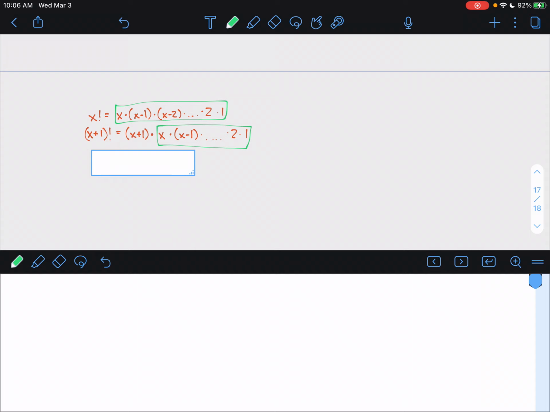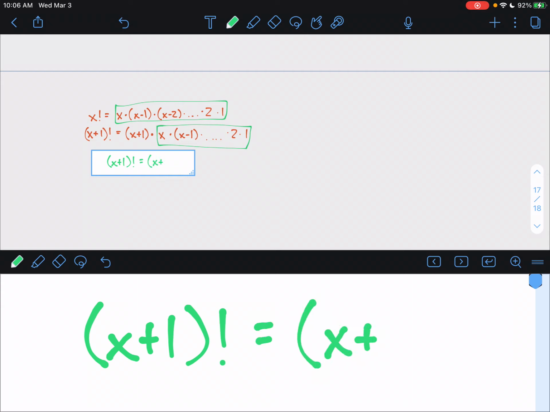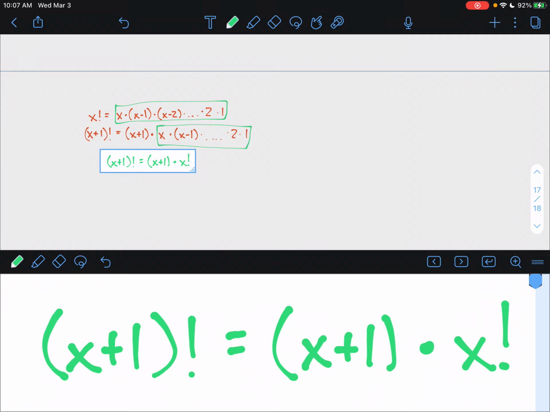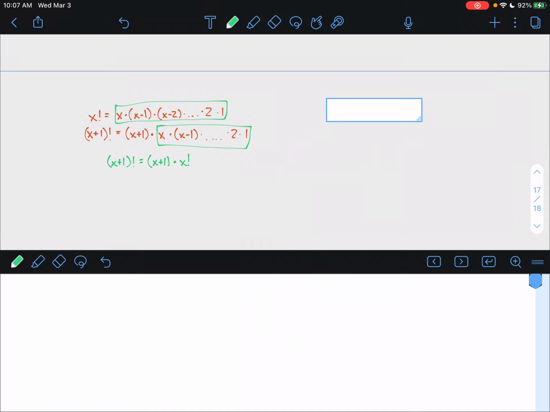So therefore, x plus 1 factorial is going to equal x plus 1 times x factorial, which is why I can split that up like that. So that's something that you're going to be using in today's practice that I just wanted to point out.